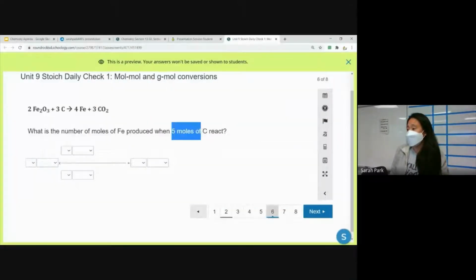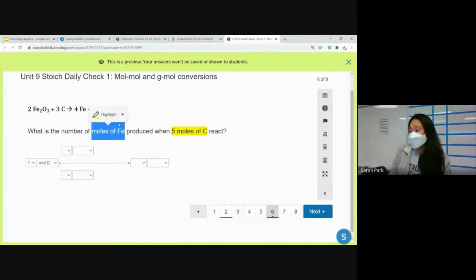So this is what we started with. I usually make this yellow. So 5 moles of carbon. So this is more like a reading test. What you want goes on top. So what I want is moles of iron, which it was here, right? Make sure I get all my coloring correct. And then what do I not want?